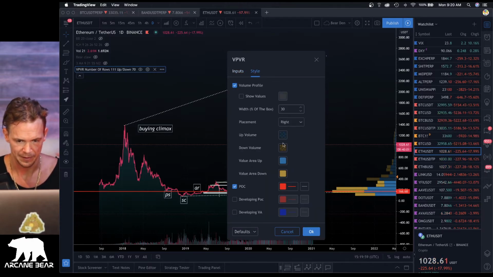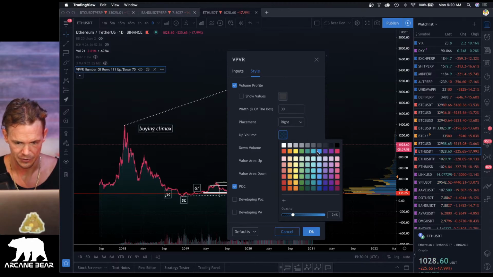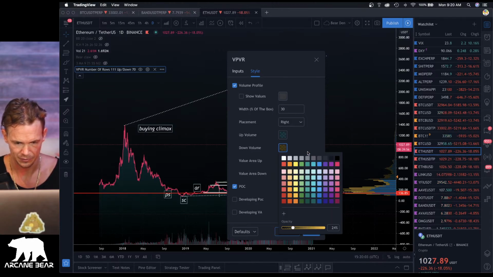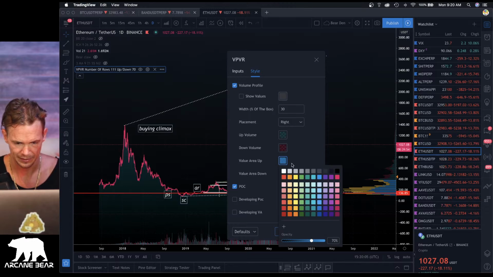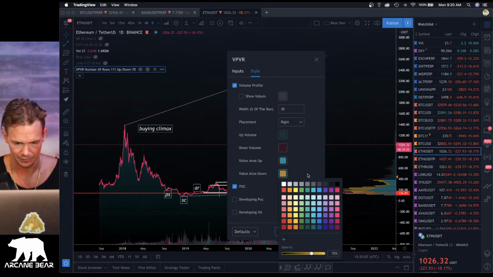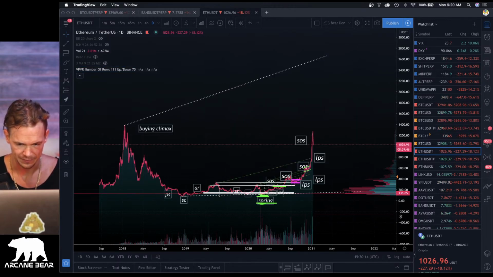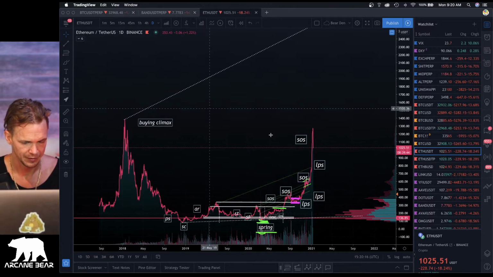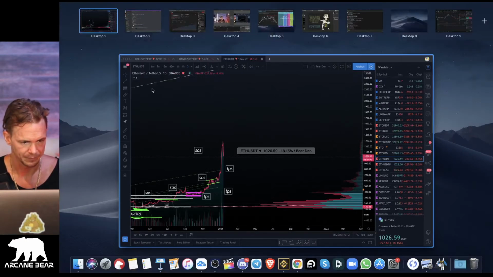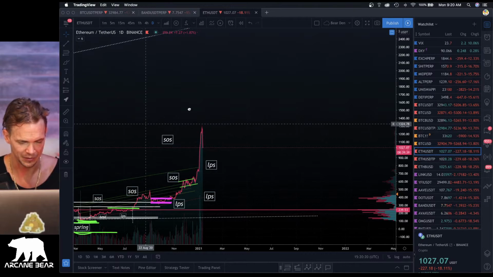Why not? And then we change the color style, volume up to this nice green blue, volume down to this nice pink. And I also like my POC line to be pink. Okay, there we go. That should fix everything. Put it back in our bear colors. Perfect.